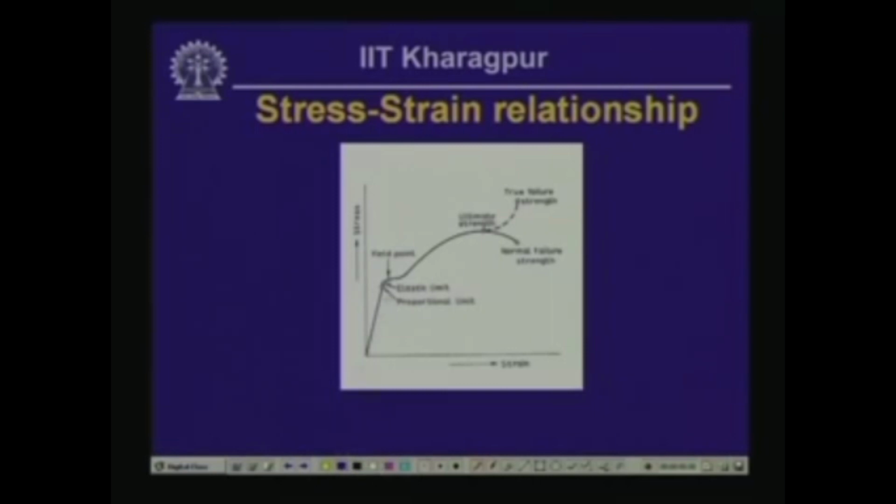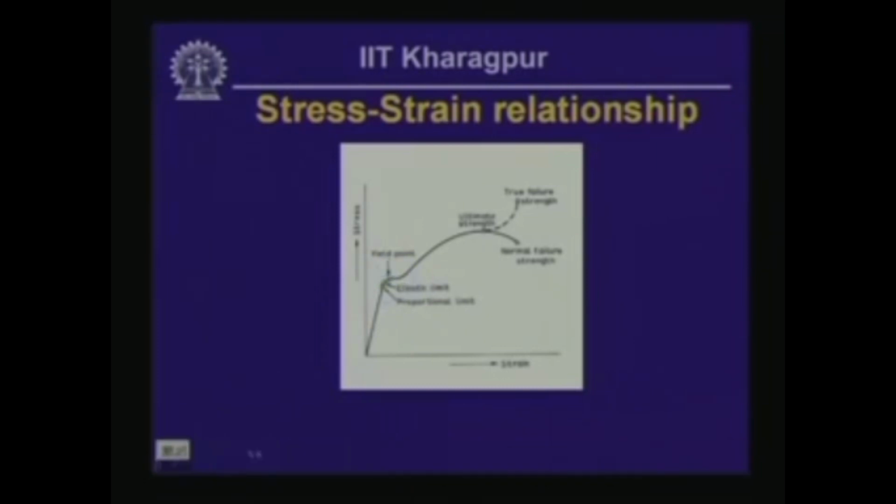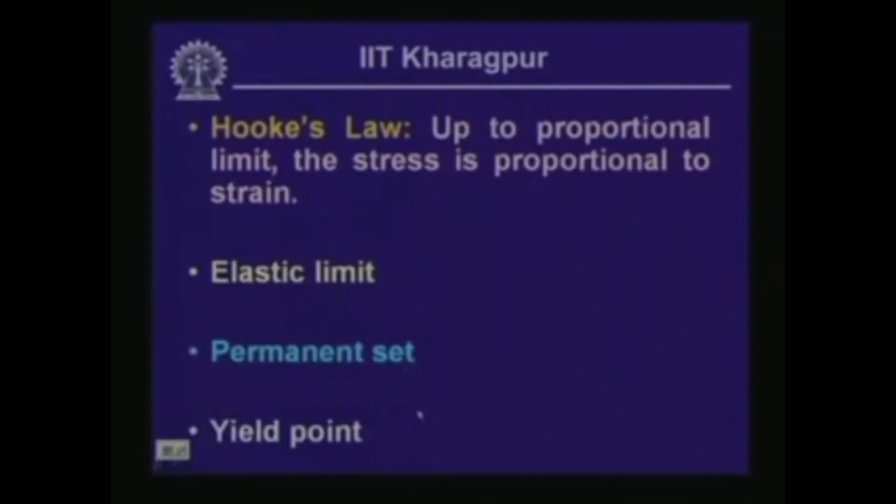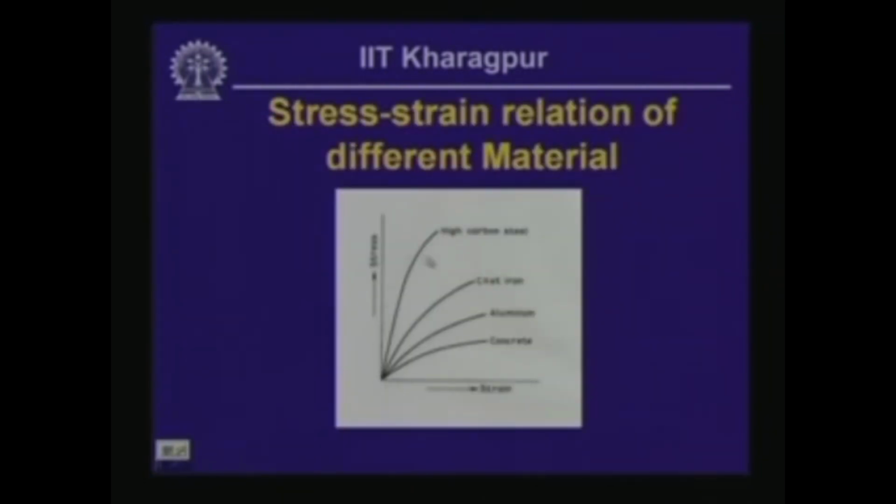In this zone, the curve shows that we have a defined yield point. So, corresponding to this particular stress, we know that this is the yield stress, which we define as sigma y. But as we have seen in the subsequent figure, we do not have any defined yield point.